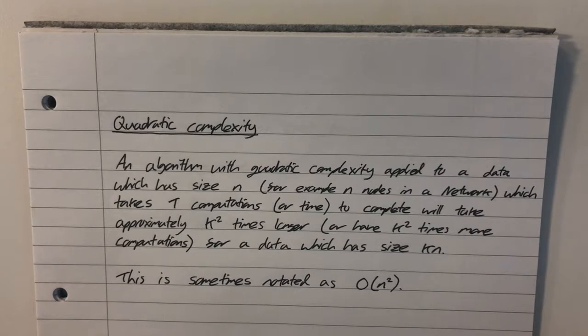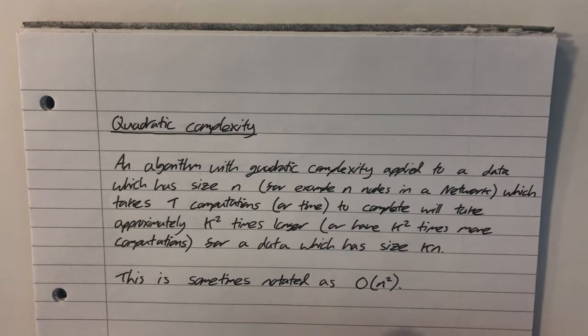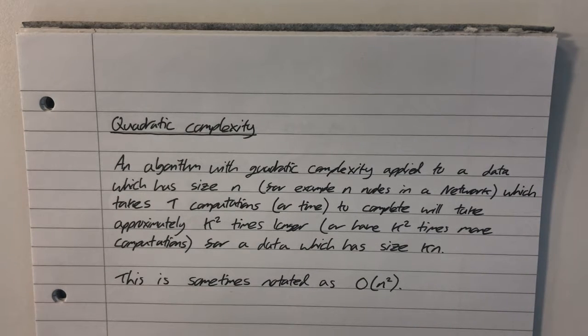So just look at quadratic complexity. Here's a sentence that I've written about quadratic complexity. An algorithm with quadratic complexity applied to data which has size n, for example, n nodes in a network, or perhaps n pieces of data to be sorted, which takes t computations, or t amount of time, to complete, will take approximately k squared times longer, or have k squared times more computations, for data which has a size kn.